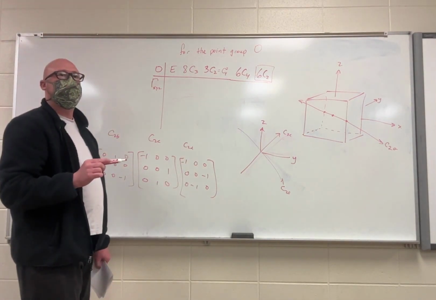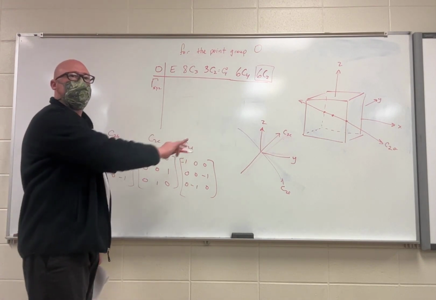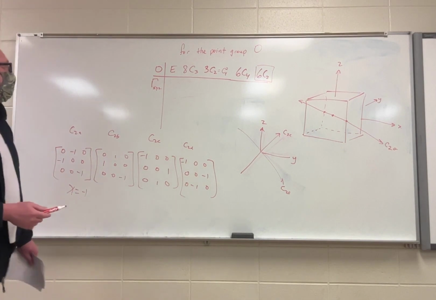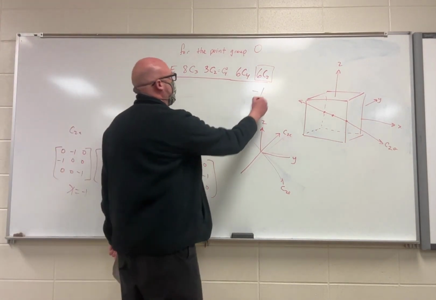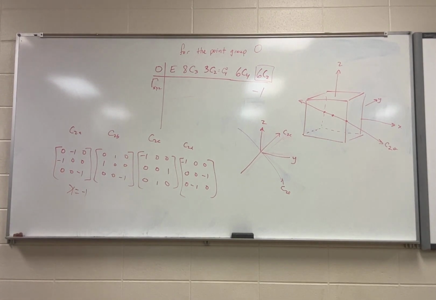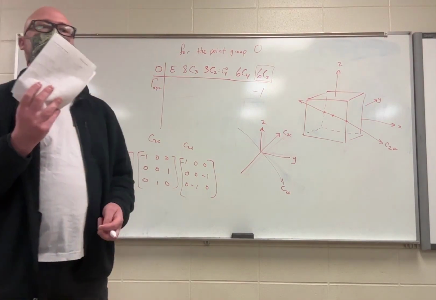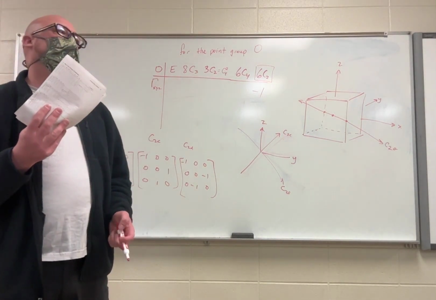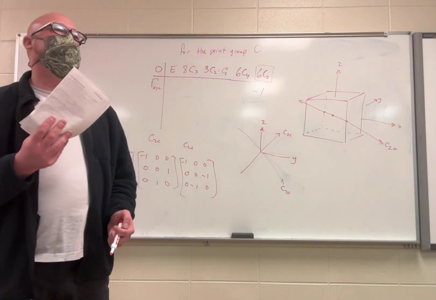Does that make sense? You want me to do the other two, or you're good? Okay. So that's how you get the character for the representation. And if you look in your character table, you'll see that the T1 representation, for which x, y, and z are a basis, because you see that on the right side of the character table, under the 6C2 class, the character is -1.